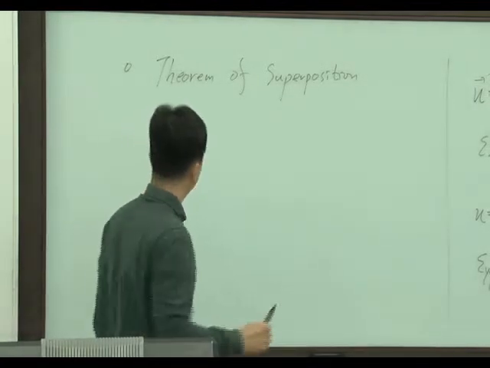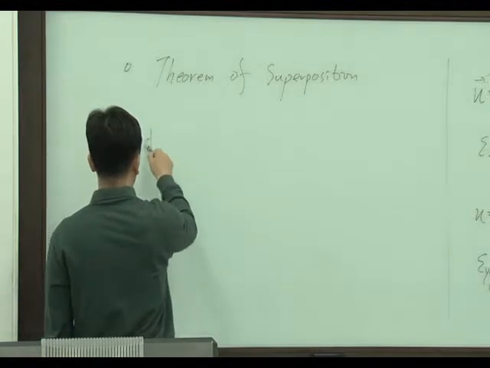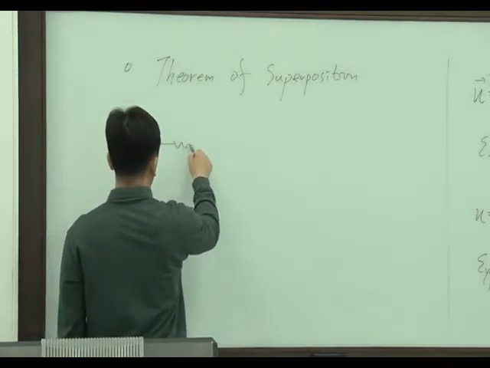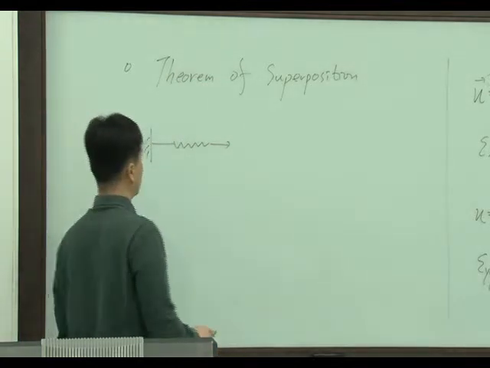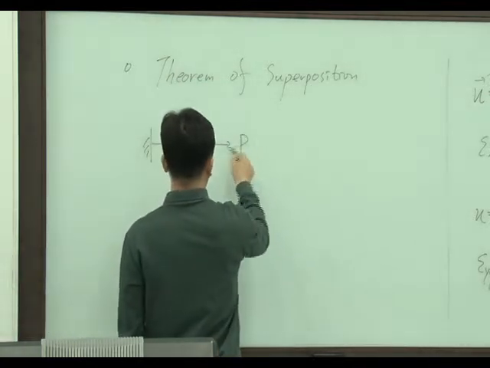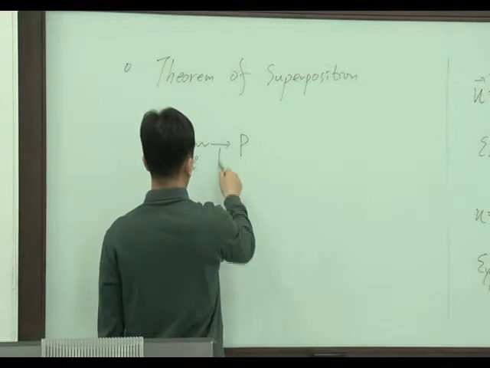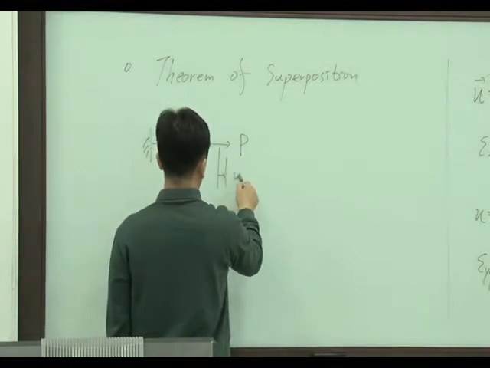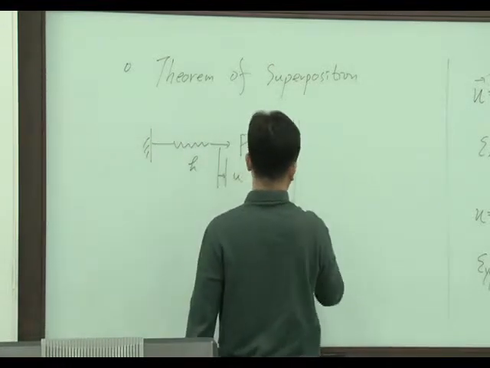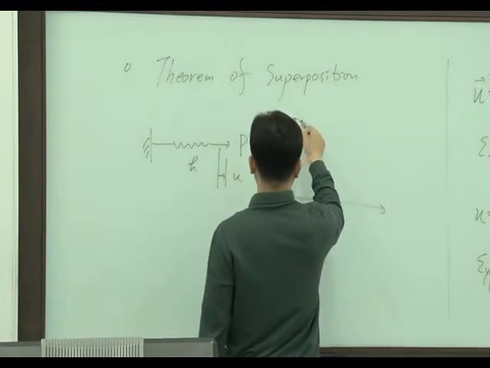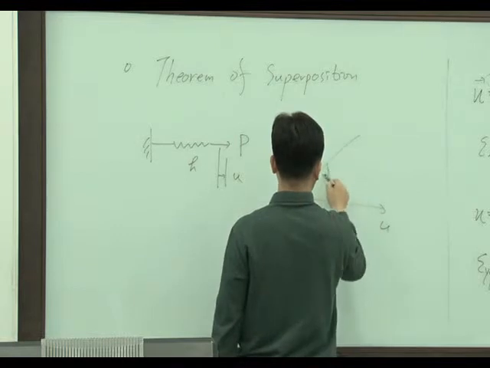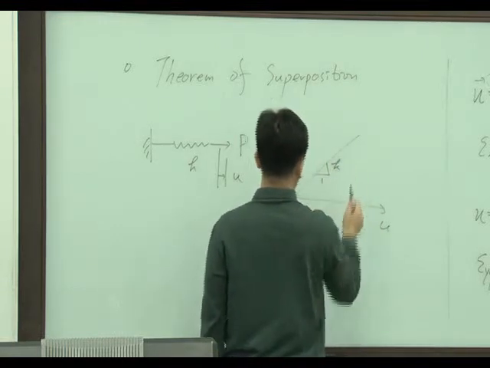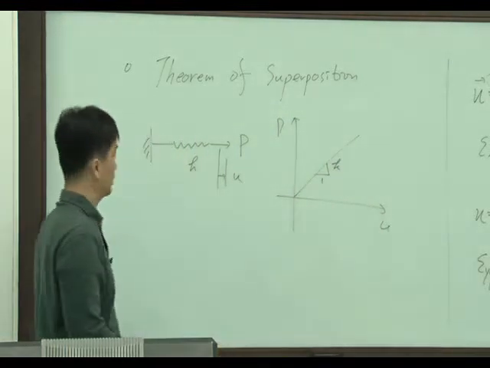Okay? So, for example, I'd like to give you a simple example. Here we have a linear spring with a constant K, and displacement u and force p. So the relation between p and u is like this, with a slope k, right?